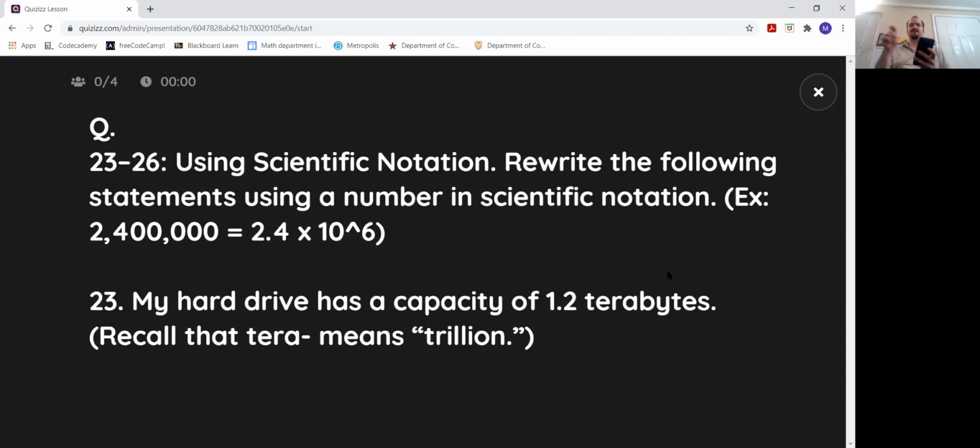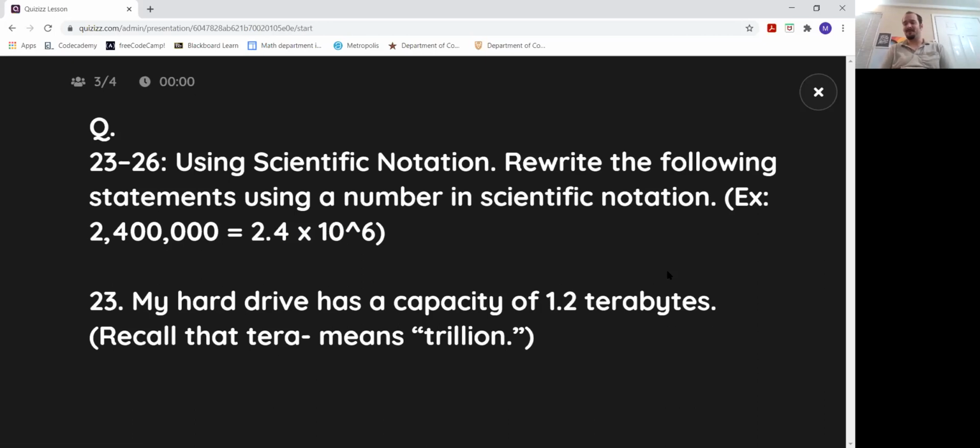So think about how many zeros a trillion has. We're going 3 to get to 1,000, 3 more to get to million, 3 to get to billion. Trillion should be right after a billion, I believe. Three to get to 1,000, 3 to get to your millions, 3 for the billions. Oh, crud.